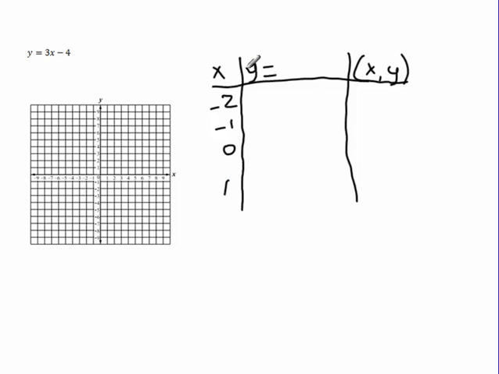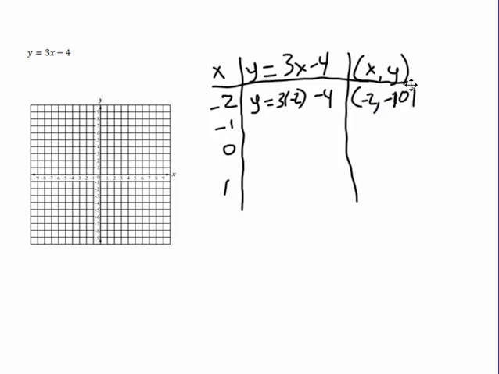And we say y equals 3x minus 4. So here y is going to be 3 times negative 2 minus 4. Ooh, this is a big one. No, negative 6 minus 4 is negative 10. So negative 2, negative 10.